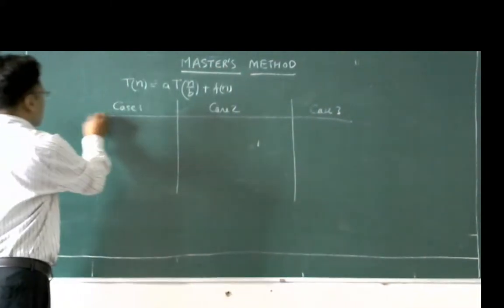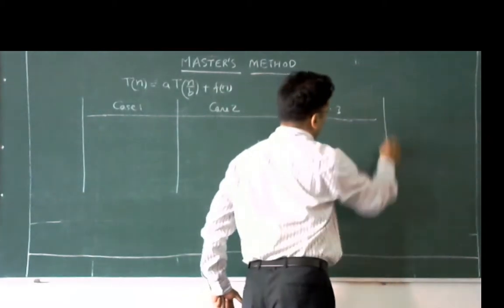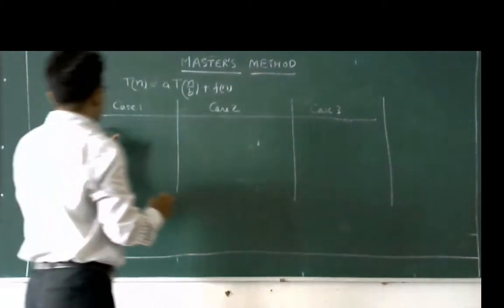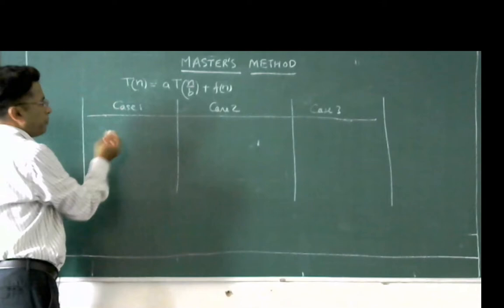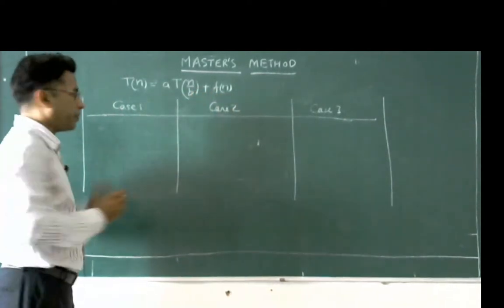In case 1, we compare the cost function with n raised to the power log a base b.